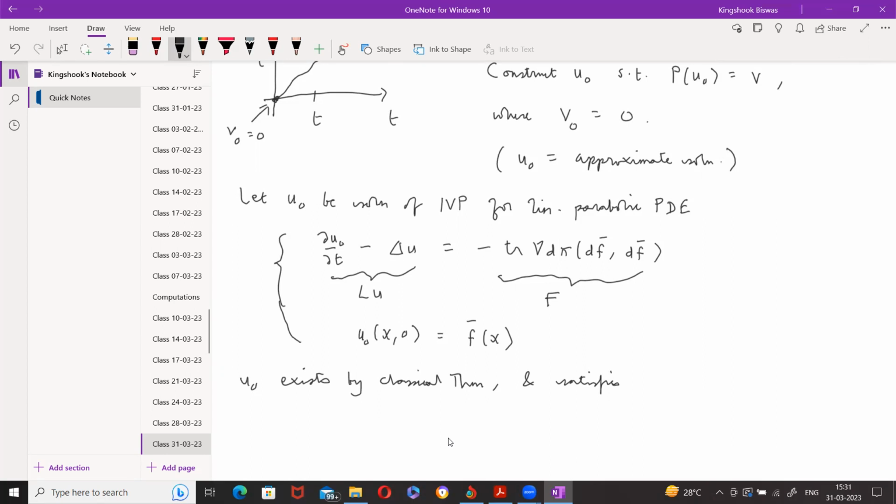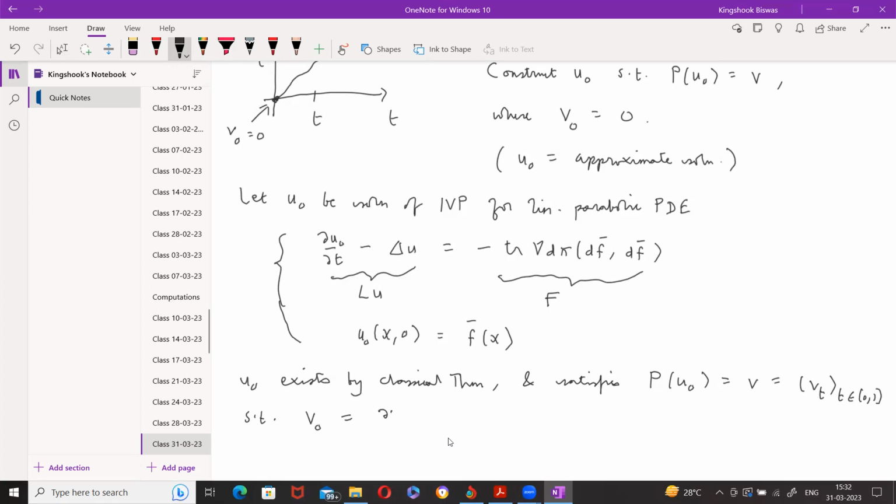if I look at P of u naught equal to V, which is V_t, t in [0, 1], such that what is V naught? V naught is going to be my nonlinear thing at time 0.